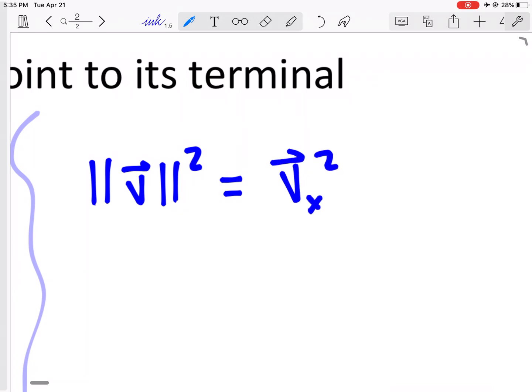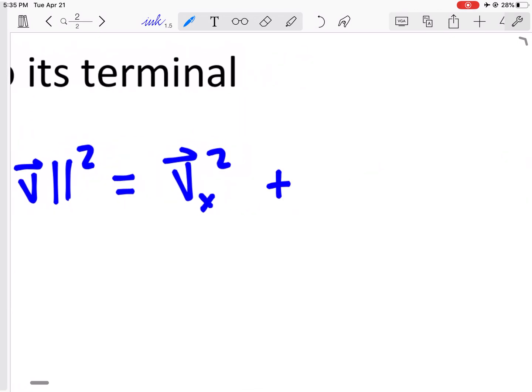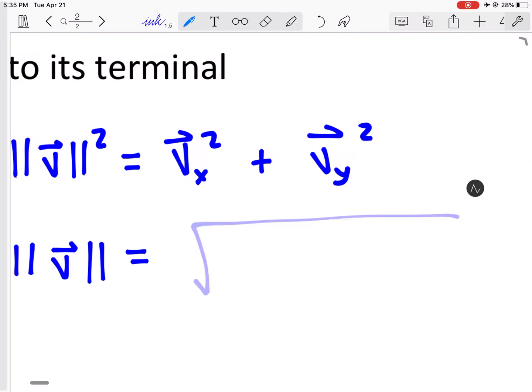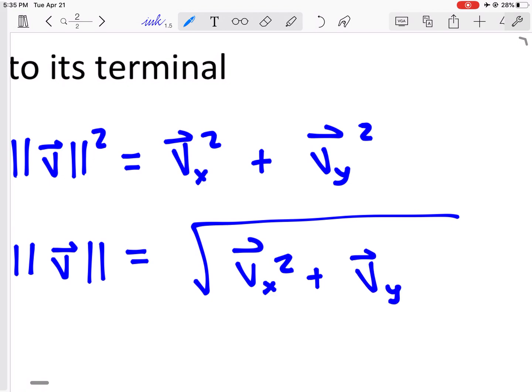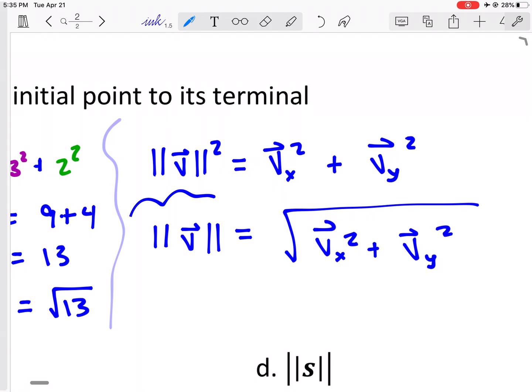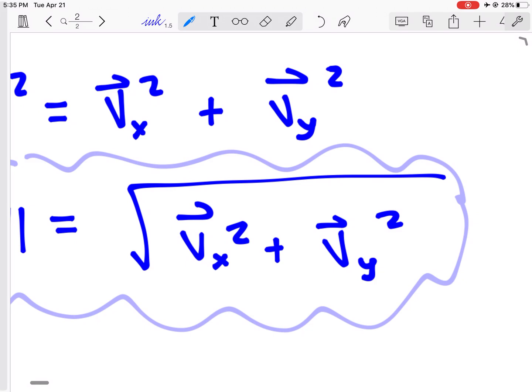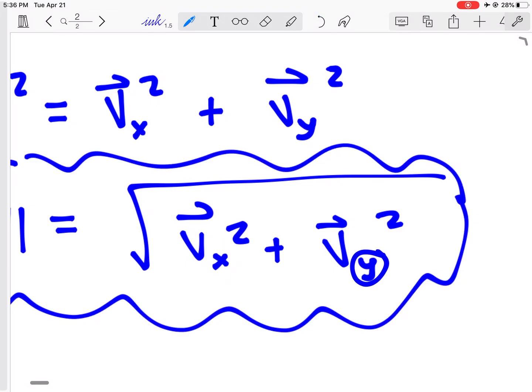So the magnitude squared would equal the horizontal component squared plus the vertical component squared. Then we would just take the square root of both sides because we don't know what v sub x or v sub y are. And we come up with this generic formula that we could use over and over again. The magnitude of a vector, any vector, is equal to the square root of the sum of the squares of its horizontal and vertical components.